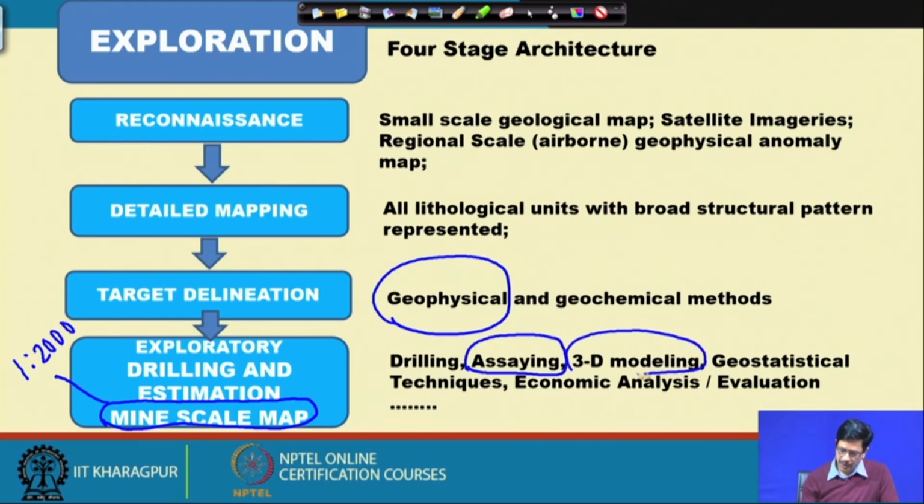and the 3-dimensional modeling of the ore body, because it is very essential to know how the ore body is disposed in 3 dimensions, because that gives us the primary knowledge that is required to plan for the exploitation process, the mining. And these exercises are very involved, and they involve a lot of modern methodologies.